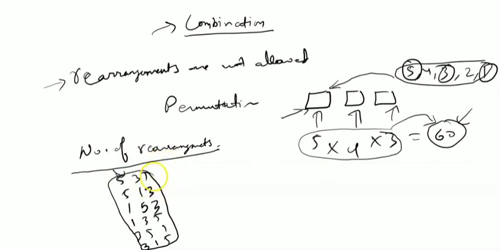So out of all these 6 numbers, only one is viable and the rest will be discarded.